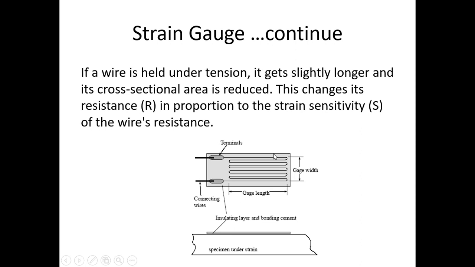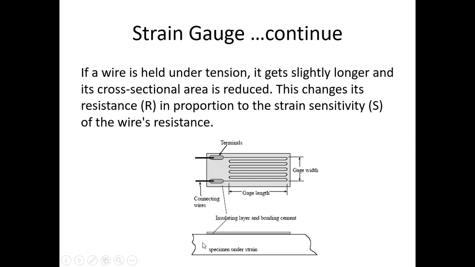So what is the basic construction? You can find that this is the strain gauge. There is a very tiny wire connected between two terminals. Normally this particular device, or the sensor, is attached to a specimen under strain.